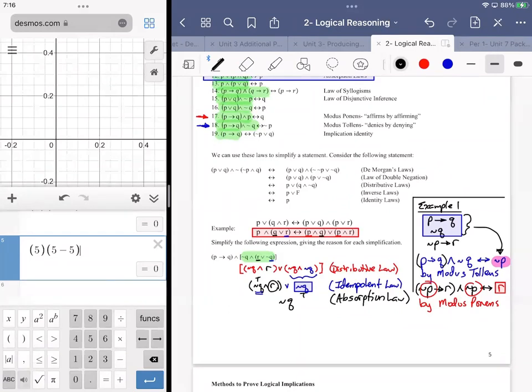R can be ambiguous. R can be true or false, because in this disjunction I've already satisfied the requirement of having one part of it be true. So if R is false, it still works out to be a true sentence. If R is true, it'll also work out to be a true sentence.